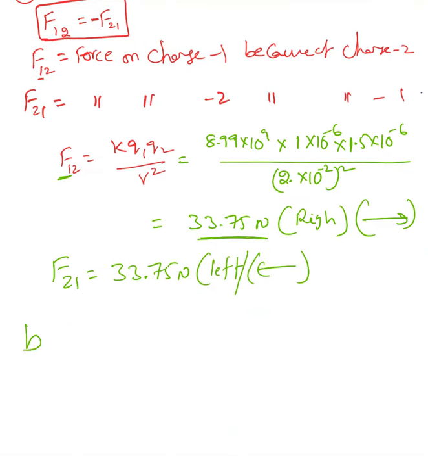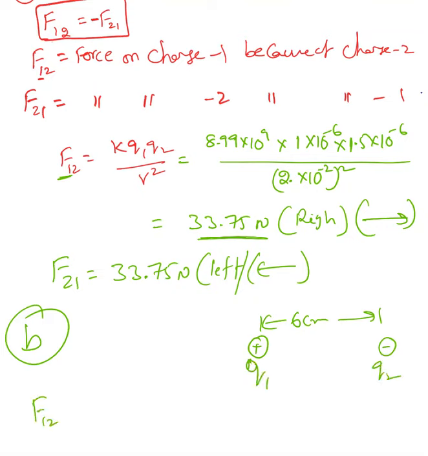Now part B. He asked us what happens if we increase the distance 3 times. So now the distance is 6 centimeters. So this is q1, this is q2. For F12, the direction is not going to change, but what happens here: k times q1 q2 over r squared.